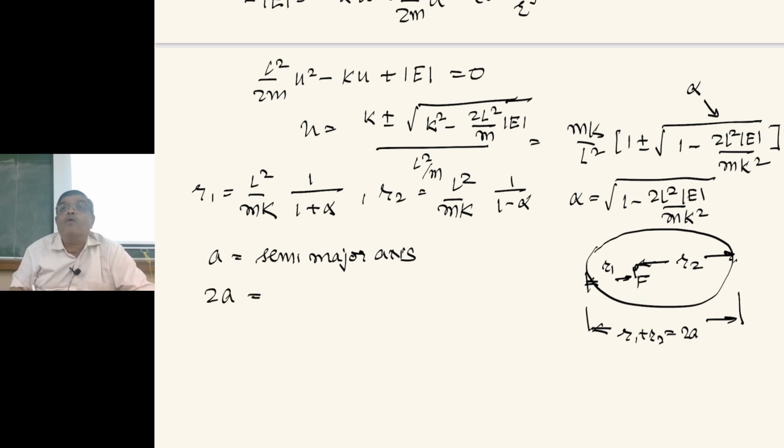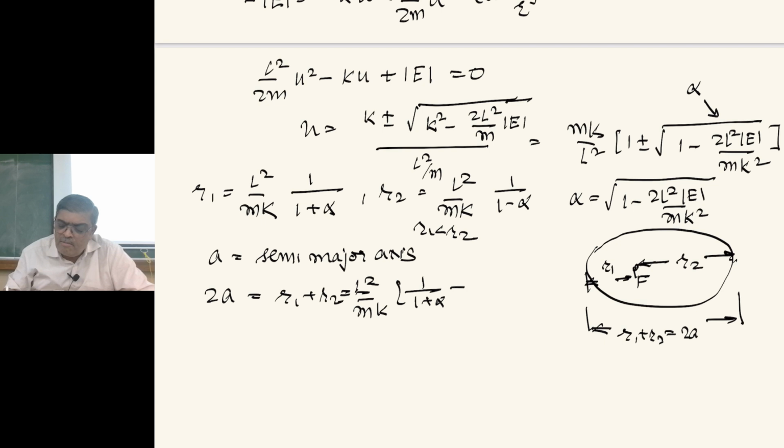Twice A is equal to R1 plus R2. Notice that the way I've written it, R1 is less than R2. So that is equal to L squared by mk times 1 over 1 plus alpha plus 1 over 1 minus alpha.